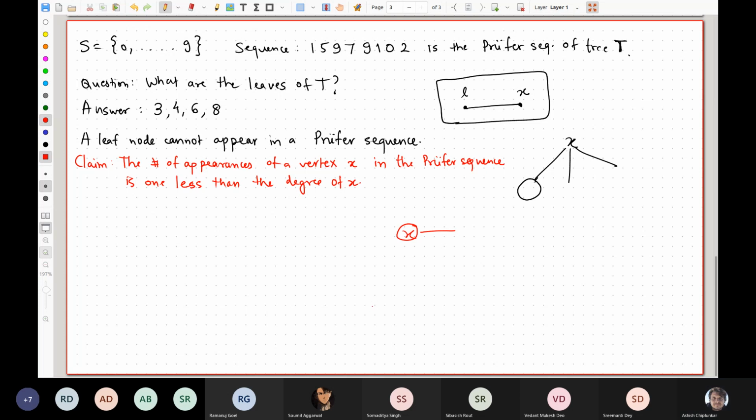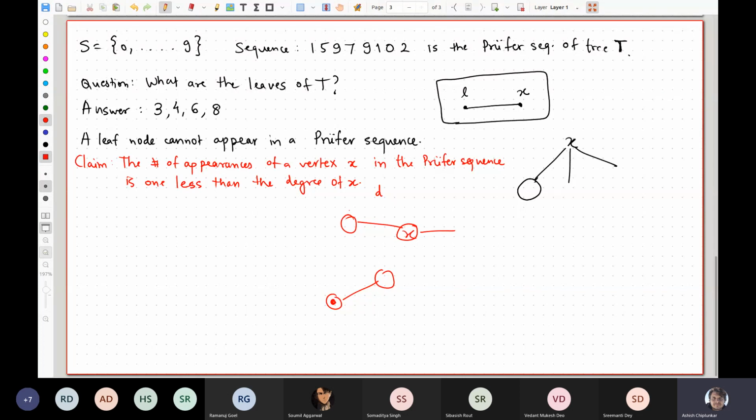But initially it was D, and observe that every time you delete a leaf, the degree of its unique neighbor decreases by 1, and that neighbor appears once in the prefer sequence. Every time you delete a neighbor of a vertex, you add that vertex to the prefer sequence.